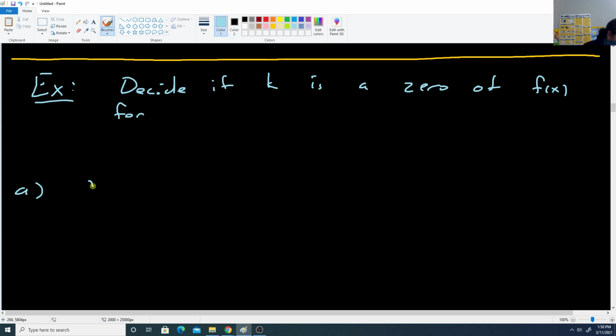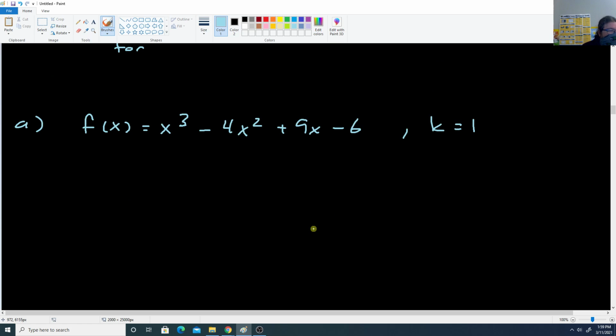In part A, they give us the function f of x equals x cubed minus 4x squared plus 9x minus 6, and they tell us k is 1. So leave a little bit of space there for part A. Part B, f of x is equal to x to the fourth plus x squared minus 3x plus 1.